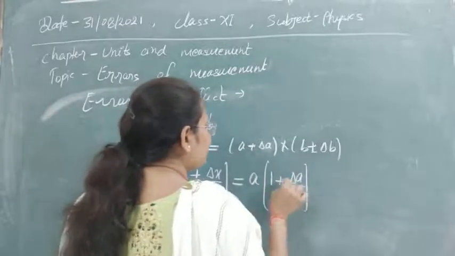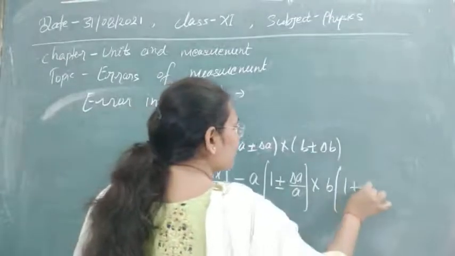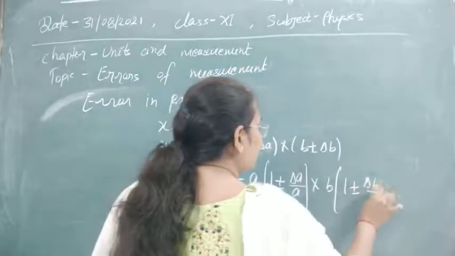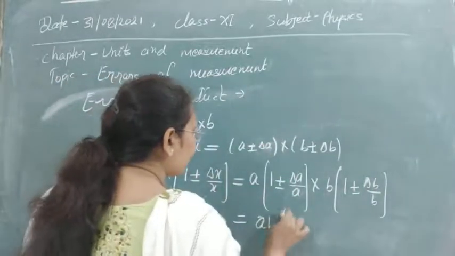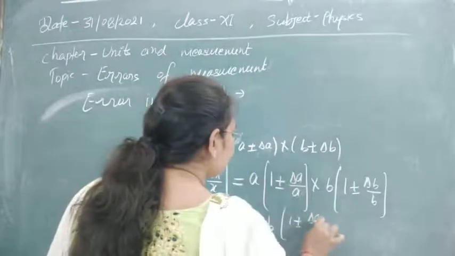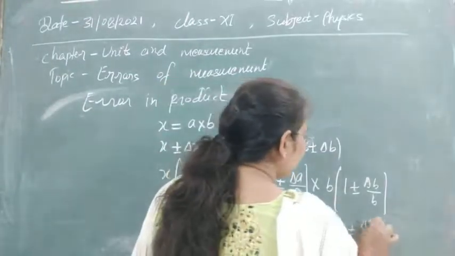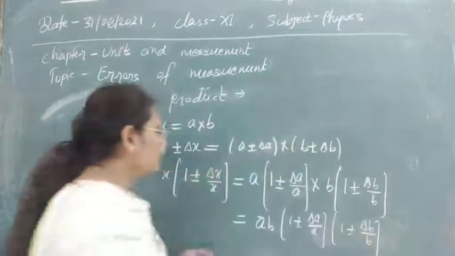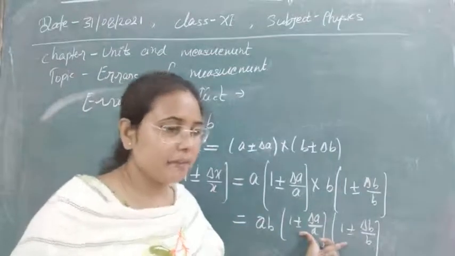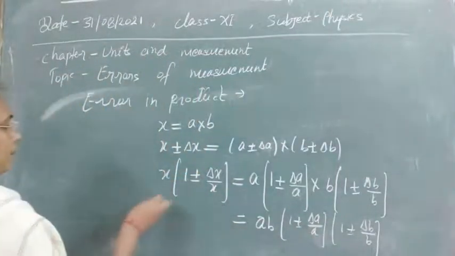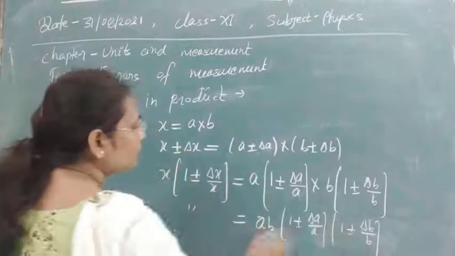If you take b as common, you have b(1 ± Δb/b). In other words, you can write it as ab(1 ± Δa/a)(1 ± Δb/b). So now you can compare this term to this term. On comparing, as x is equal to ab, these bracket terms would be equal to those bracket terms.